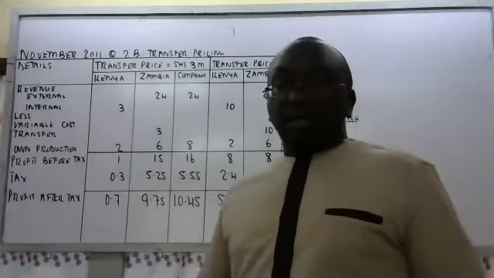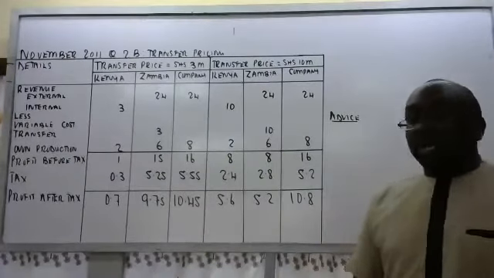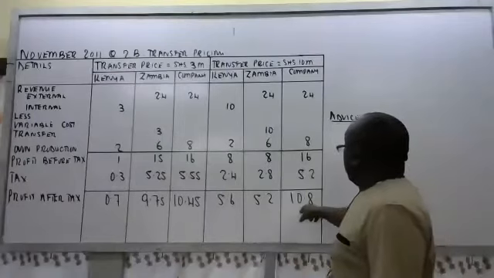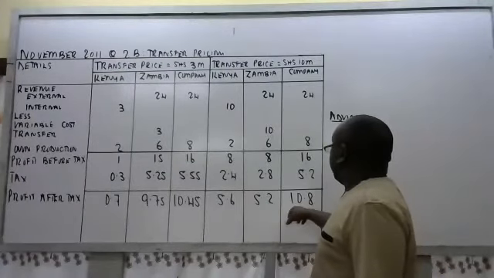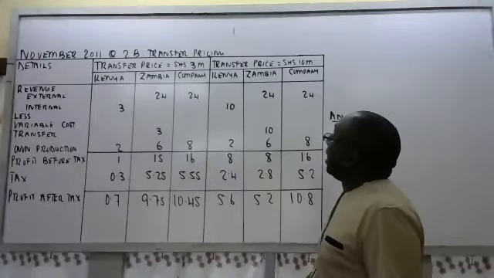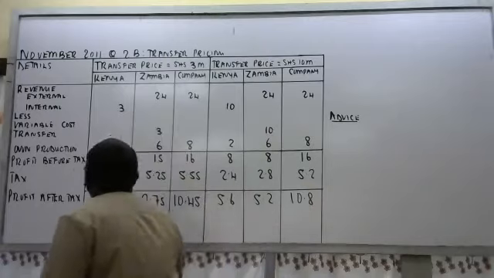Yeah, good. They should go for 10 million because you can see when they go for 10 million, they end up paying a smaller tax. So they have a profit of 10.8, which is higher than the profit of 10.45.